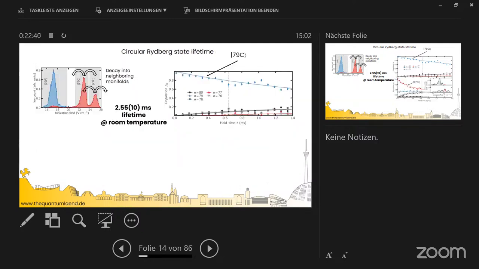Okay, we can also measure the lifetime of the circular state now by basically looking at our ion traces here and counting how often the state actually goes to a window in the detection that would not be attributed anymore to the initial circular state, but to a circular state with one principal quantum number less.